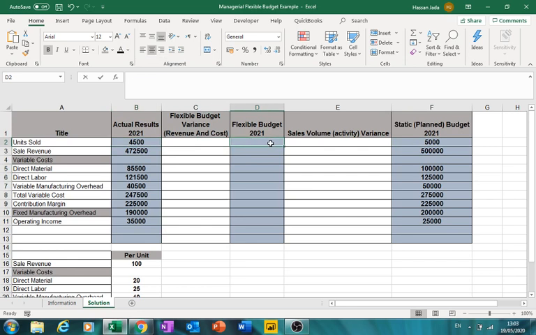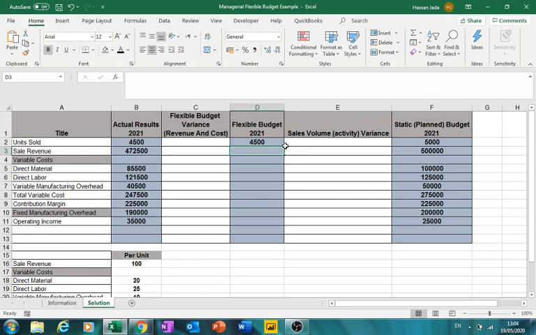Then we can set actual activity equals to 4,500. Okay, we want to prepare the budget according to the actual units sold, the actual activity, and according to the per unit amounts budgeted in the static or planned budget.